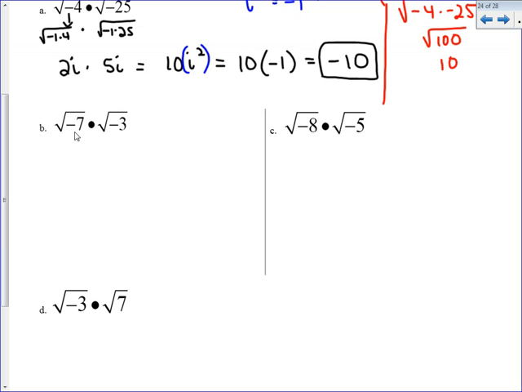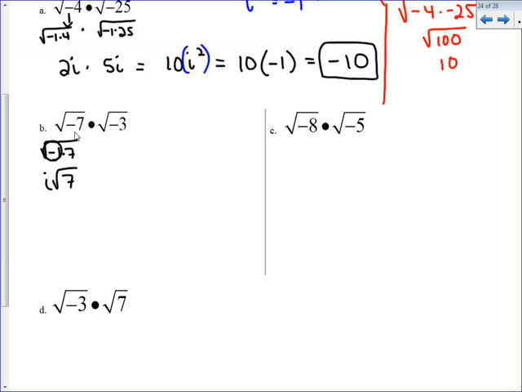So I would start by taking the square root of 1 times 7. And when I see a square root of negative 1, that's going to come out front as what? i. So this is i square root of 7.